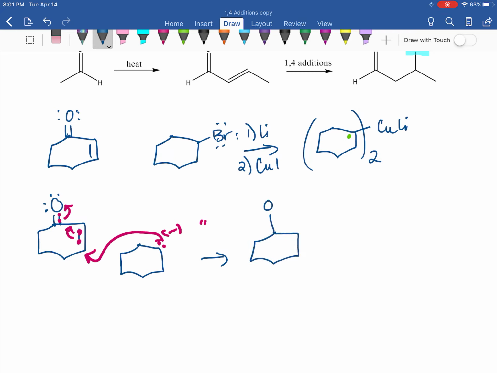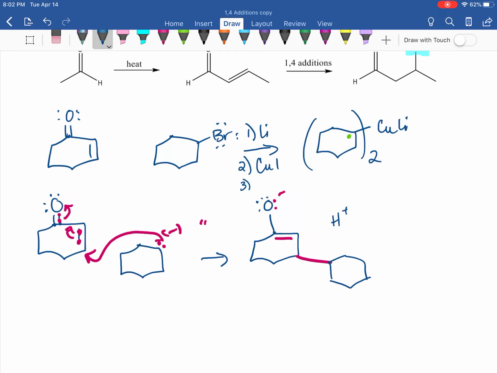Okay, let's draw the product there. All right, our electrons now end up all the way up here. We've got a minus. Oh, that looks terrible. Let's do that again. Our double bond is here, and we just added our ring right there.